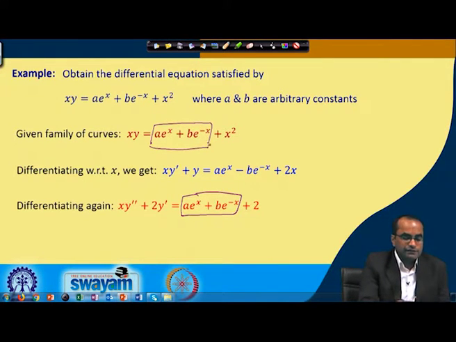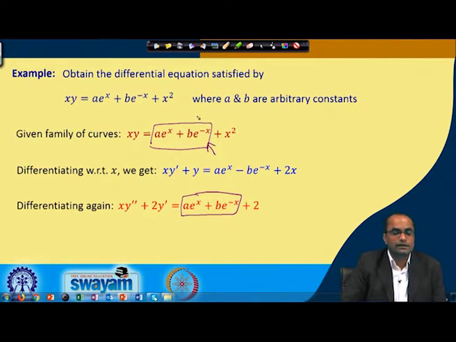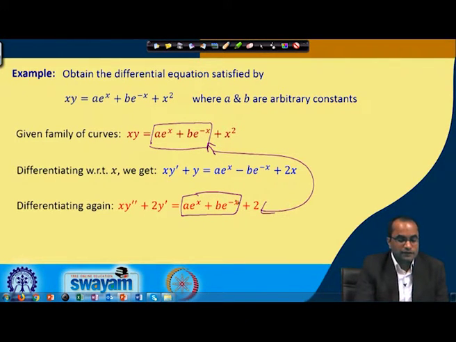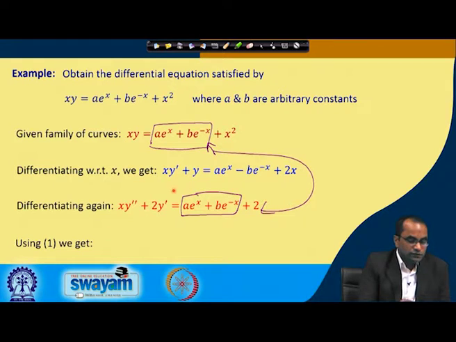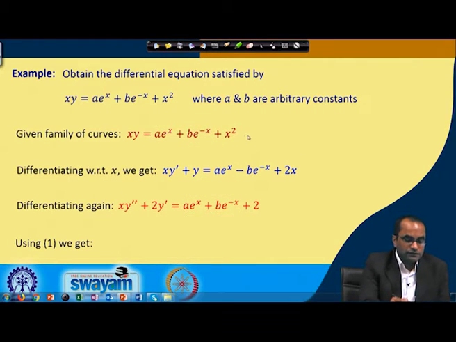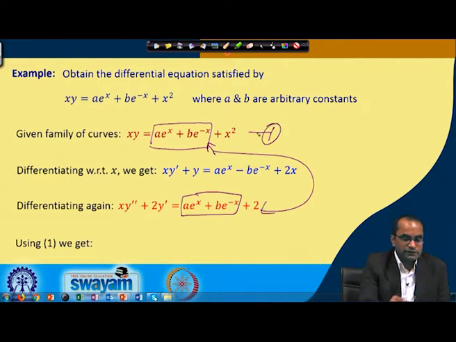So, if we substitute this a e power x plus b e power minus x and put it here in this equation, then these constant terms will be removed, and we will get an equation which contains the derivative terms, dependent variables and independent variables. So, using this equation, which we call equation number 1.